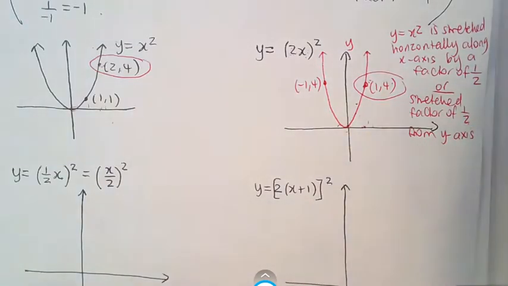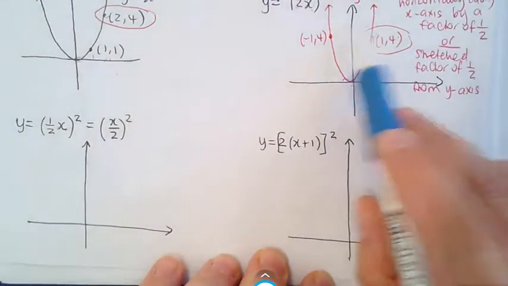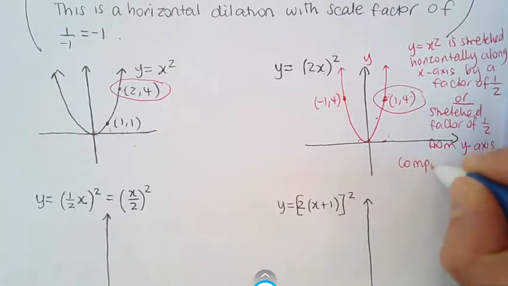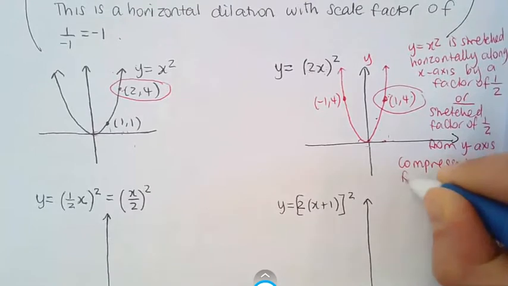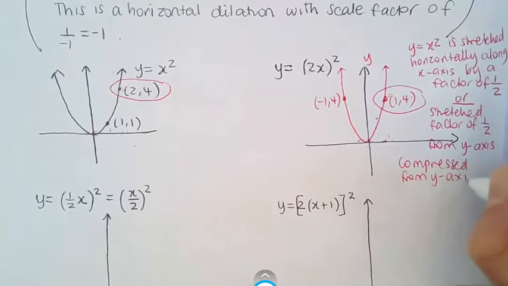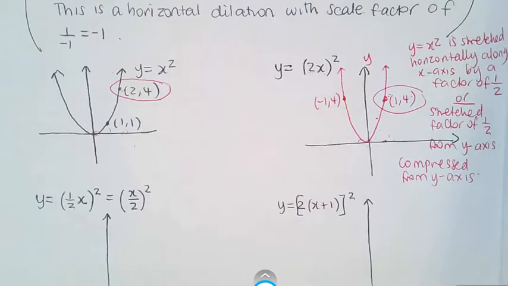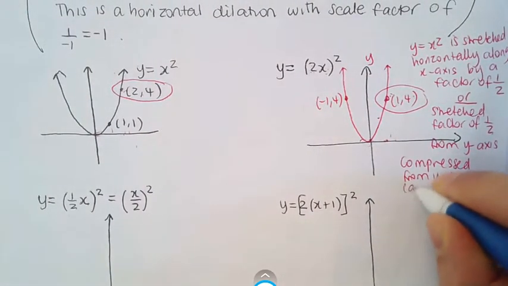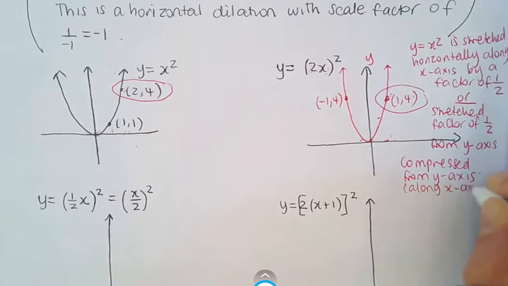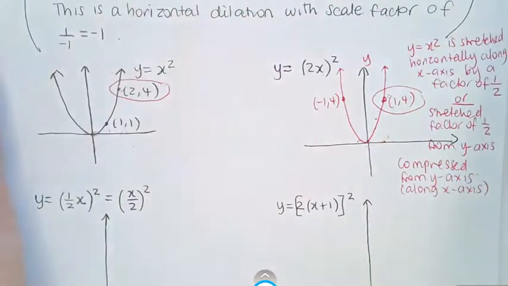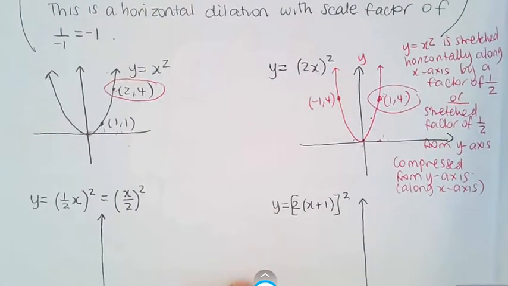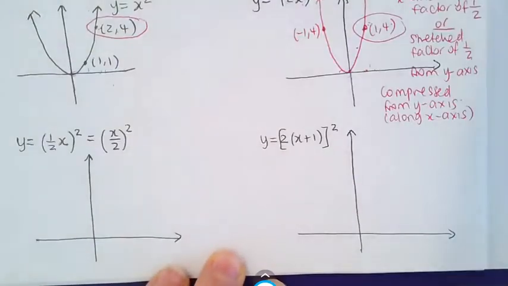It's actually compressed from the y-axis or compressed along the x-axis. If you're looking along the x-axis, it's actually being compressed. The original one was wider. Okay? Now, let's look at the next one.